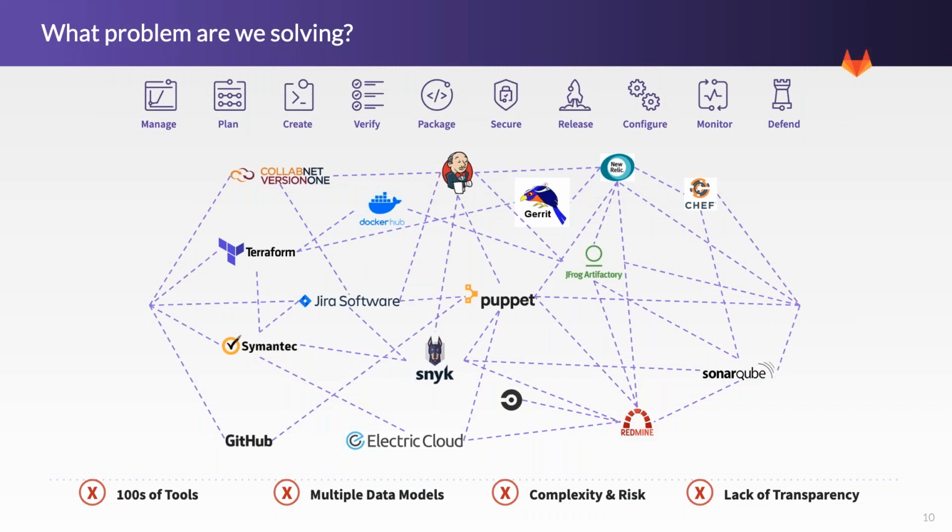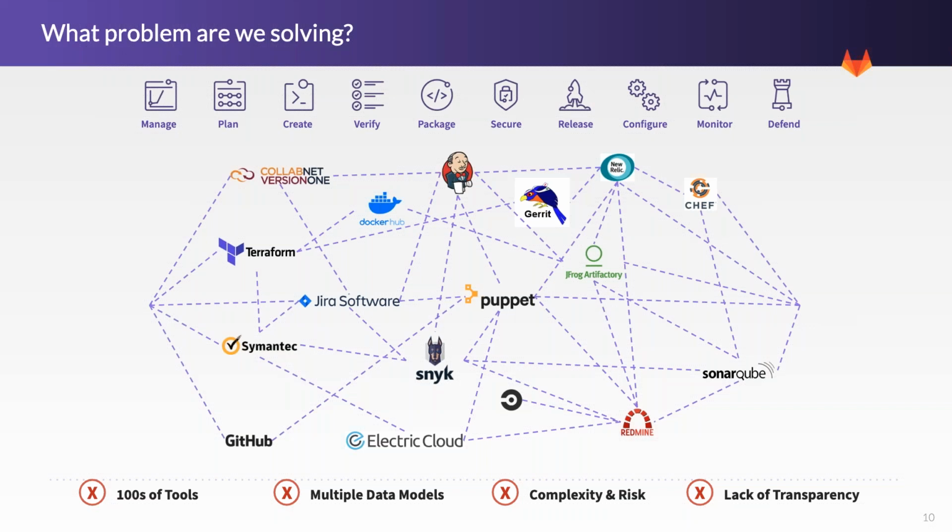So what is the problem that GitLab solves? This graphic demonstrates the DevOps toolchain crisis and integration complexity. Companies have hundreds of tools.